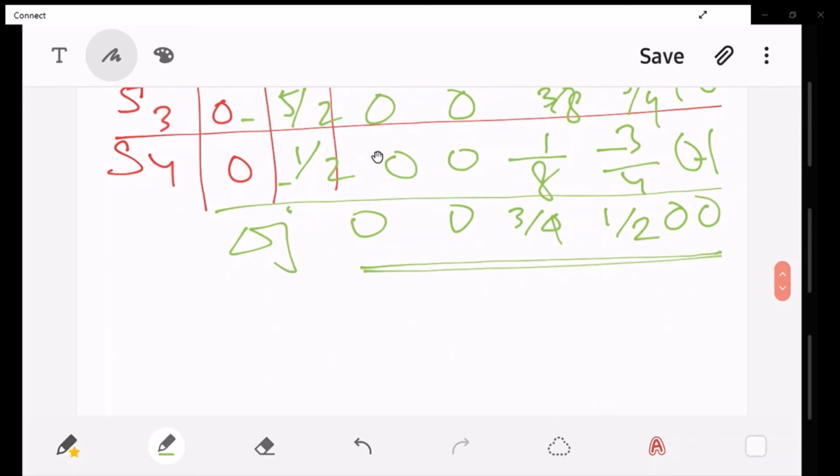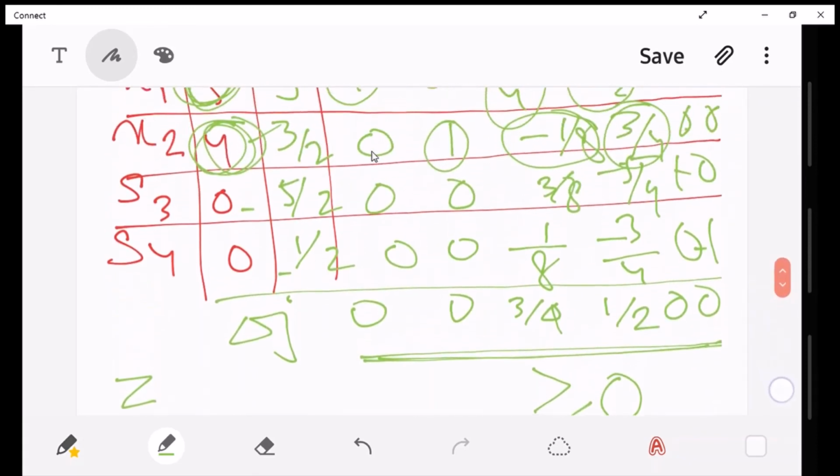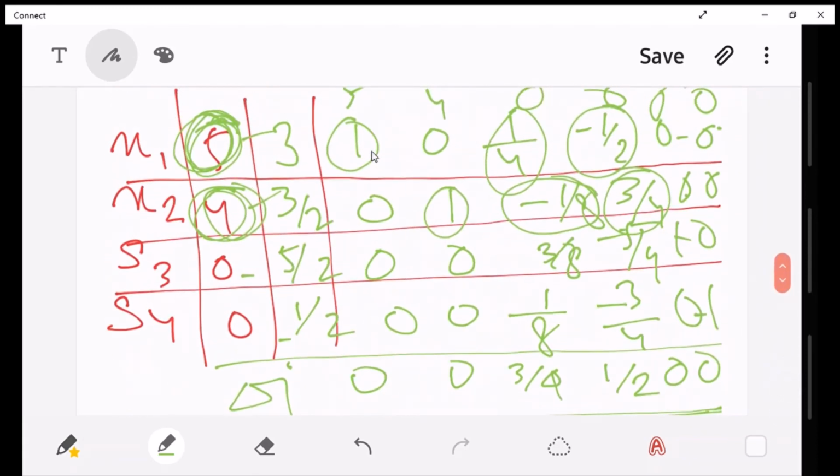Here there is no negative term, here everything is greater than or equal to 0. Therefore we can say that the simplex table has reached the optimal solution. Therefore we can find z to be this multiplication and sum of these two columns.